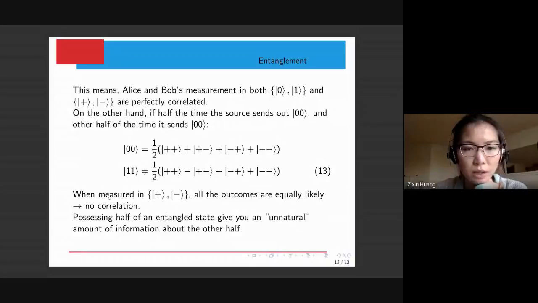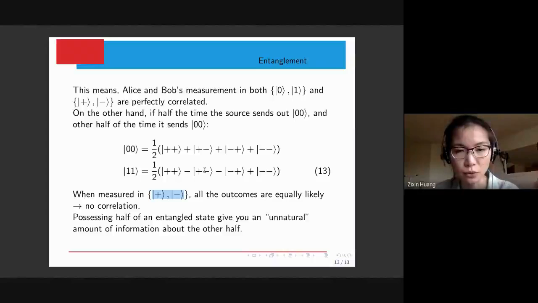There is perfect correlation if Alice and Bob measure in the 0 and 1 bases. However, if they now measure in the plus and minus bases, you can see that all the probabilities are equally likely. Because there are only 4 different possibilities, Alice gets a plus, Bob gets a plus, Alice gets a plus, Bob gets a minus, and so on. All of these outcomes are equally likely, which means the measurement outcomes are completely not correlated.